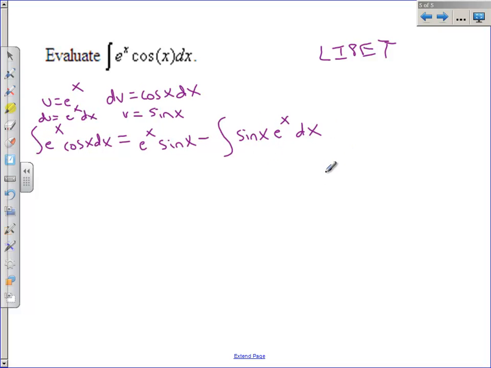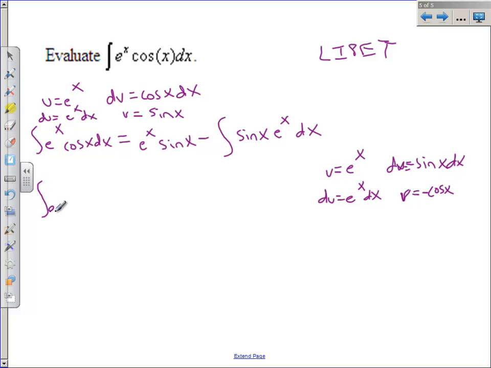Again, we would let u equal the e to the x. My dv is sine x dx. So my du is e to the x dx. And my v is what? What's the integral of sine? Well, it's negative cosine. Okay, so let's see here.